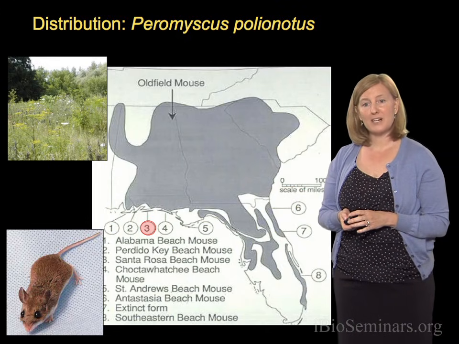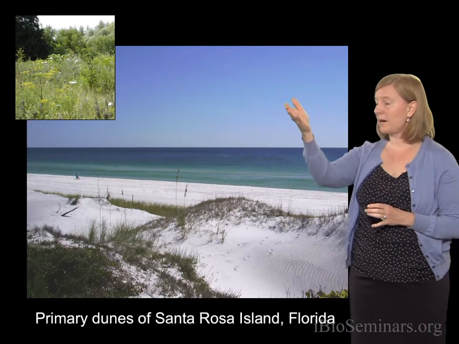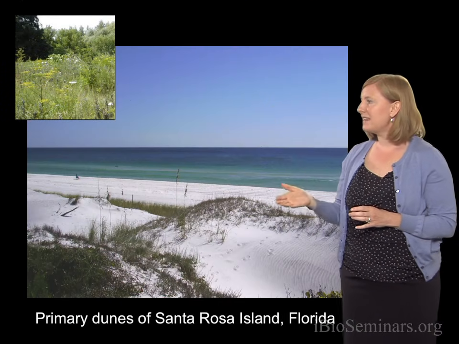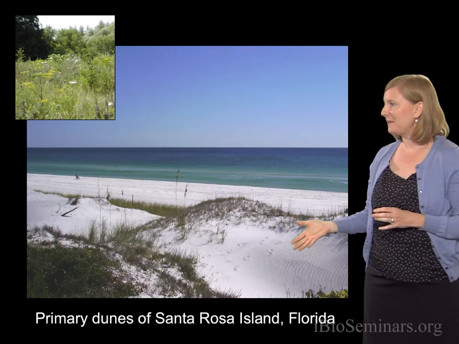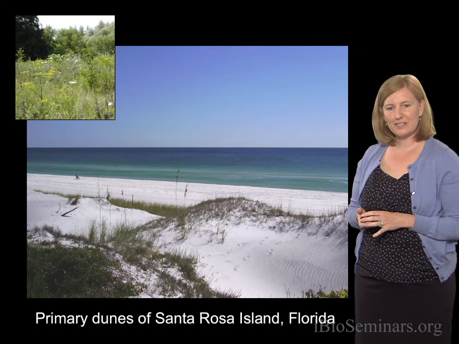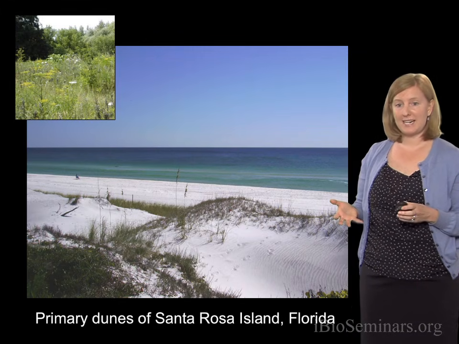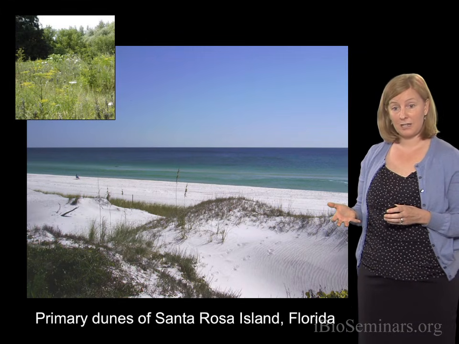So let me show you a picture of their habitat. Unlike their mainland counterparts that live in dark, loamy soils, these mice live on these beautiful sandy islands off the Gulf Coast of Florida. And here's a picture of one of our field sites. You'll notice that there are 2 dramatic differences in habitat that these mice occupy.